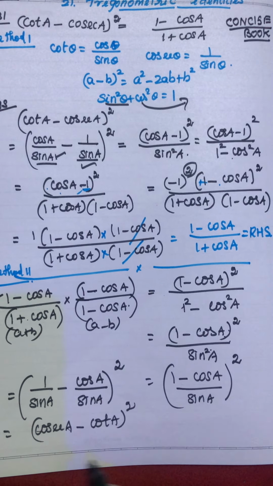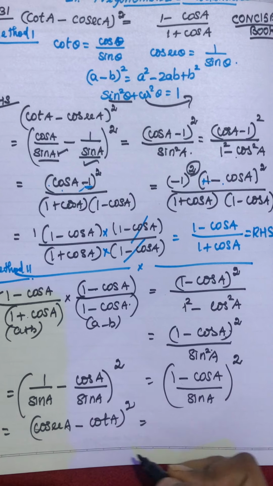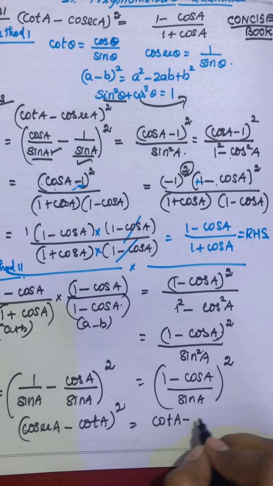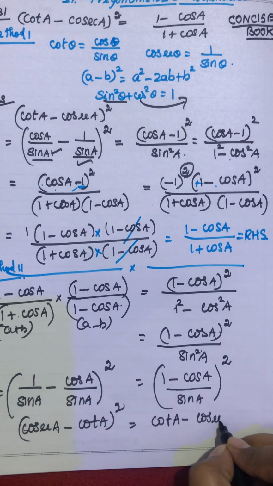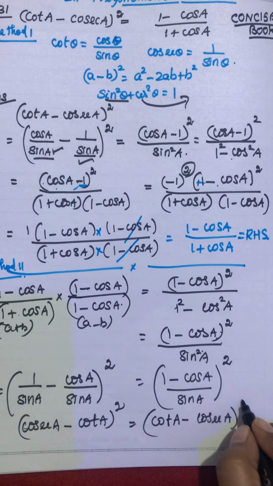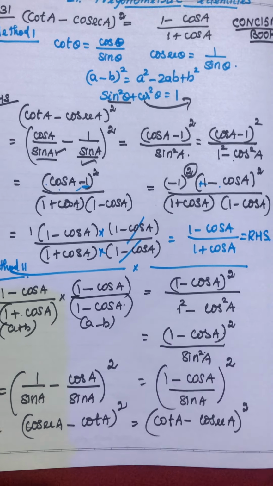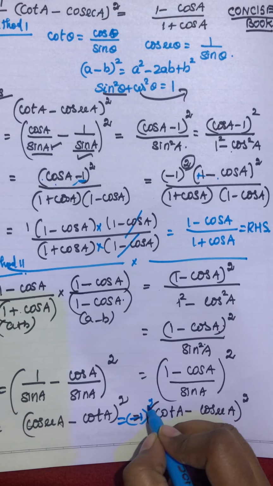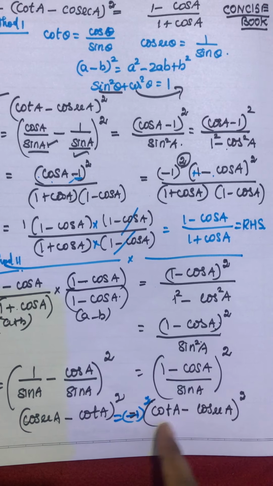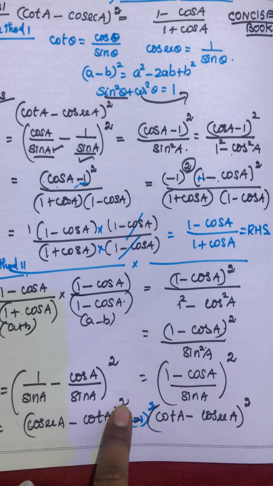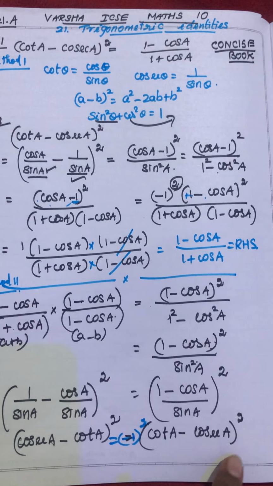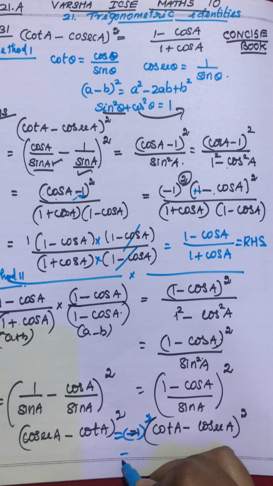Under the square you can just interchange, or take the minus outside. So we get (cot A minus cosec A) the whole square. So we got our LHS.